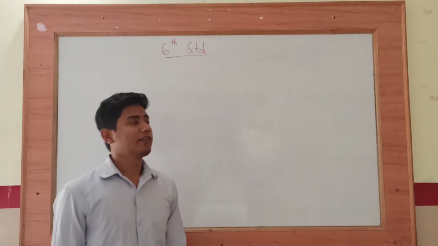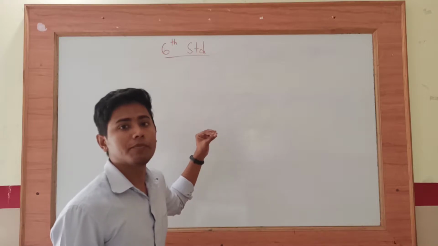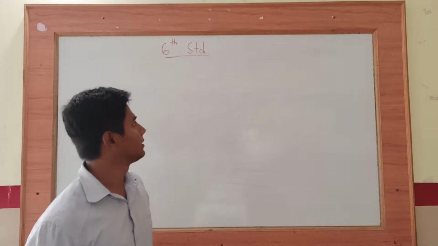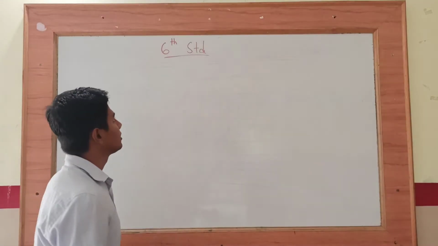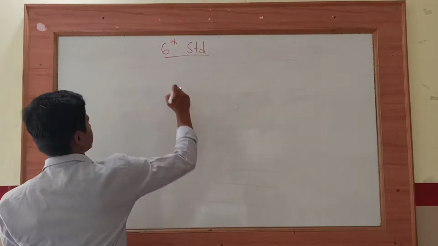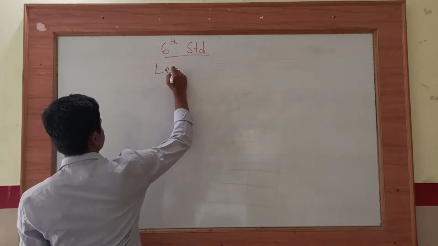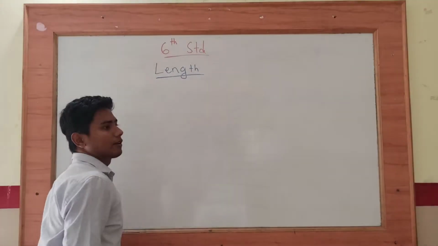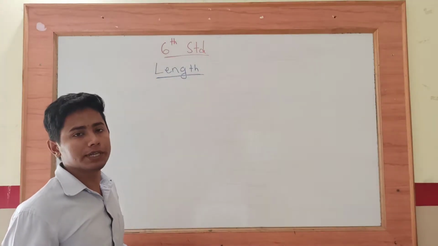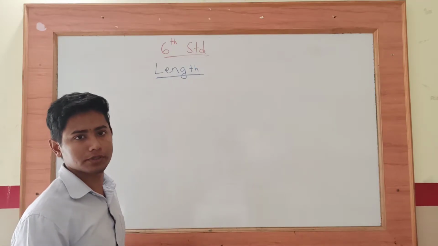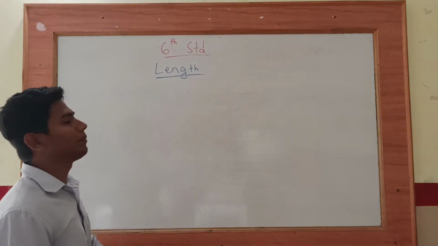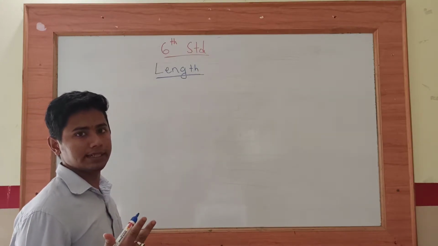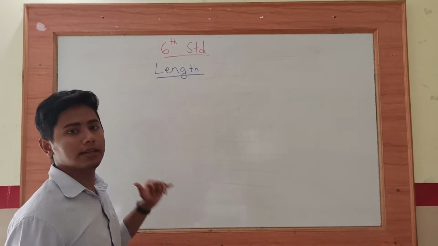So today first we learn about basic units. First you write length. To measure length, which units do we basically use? Meter, kilometer, centimeter. These three we use to measure length.